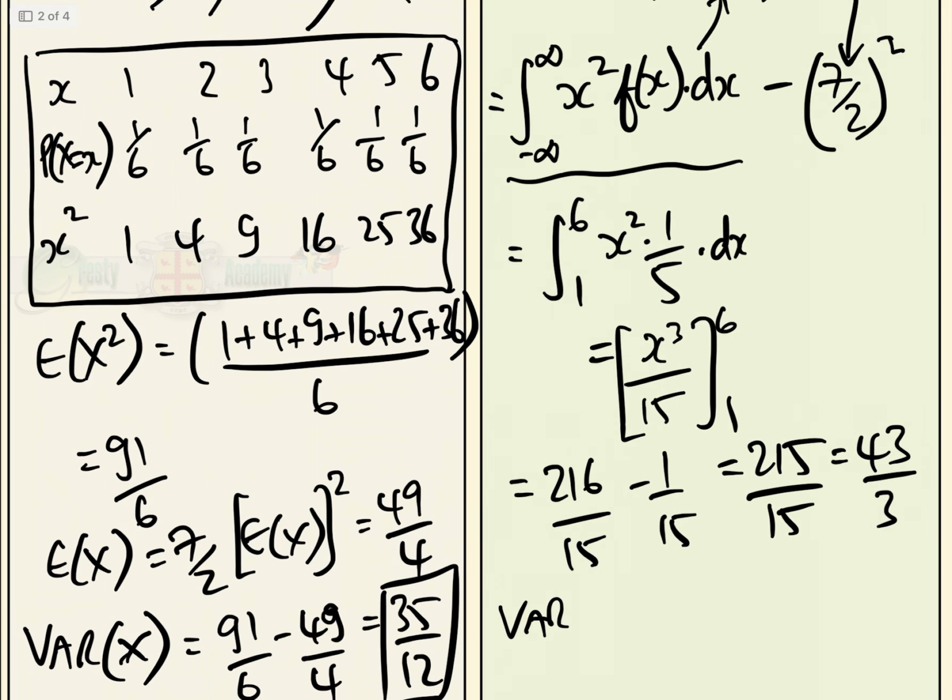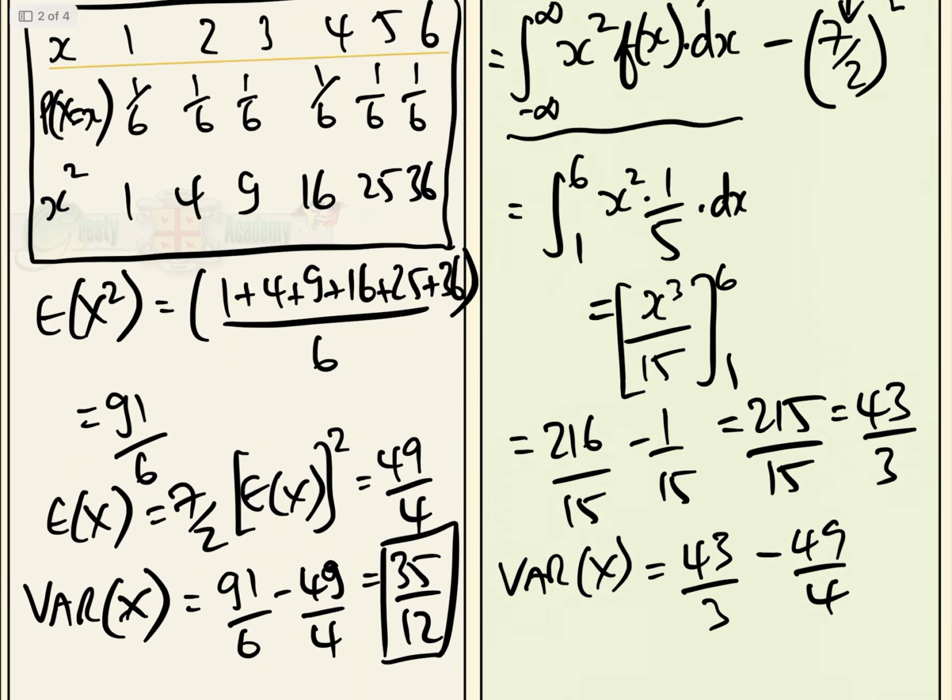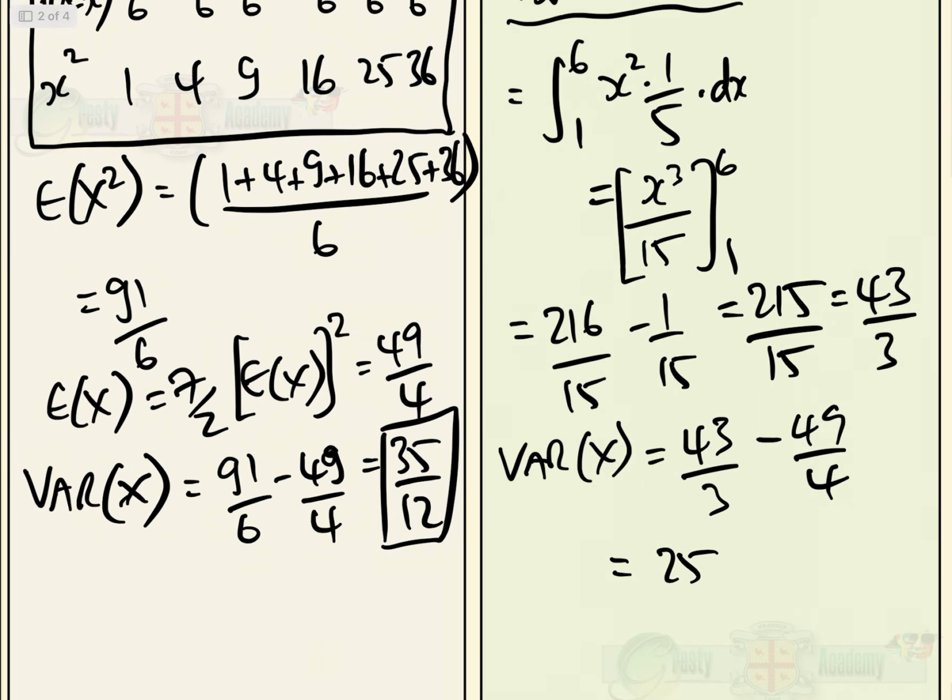Therefore the variance of our electronic dice is equal to the mean of the squares, which is 43 over 3, take away the square of the mean, which again is 49 over 4, and that equals 25 over 12.